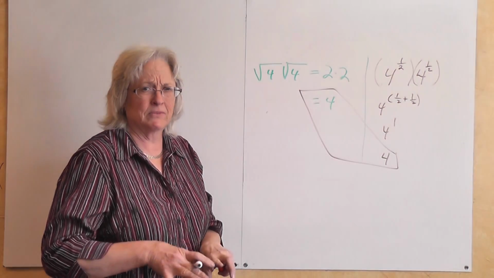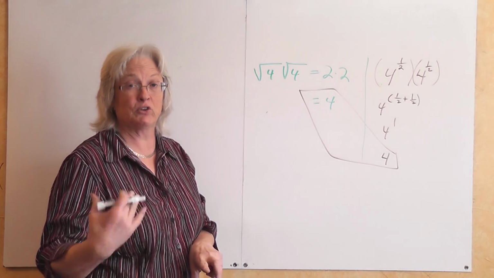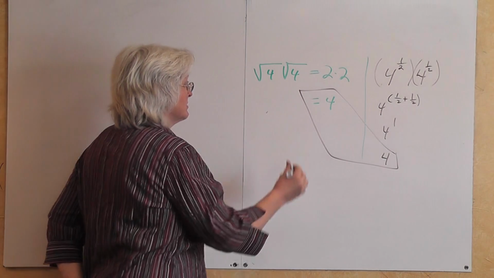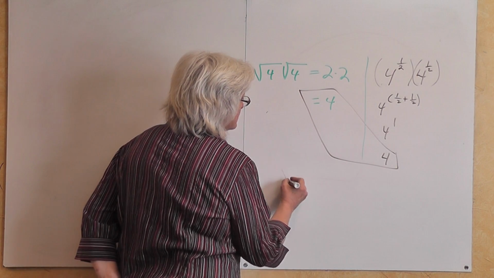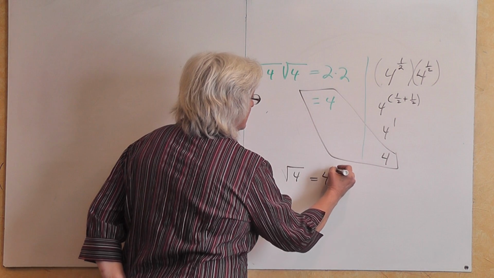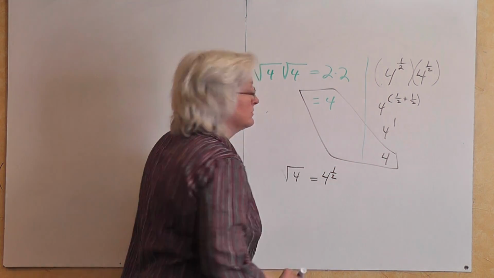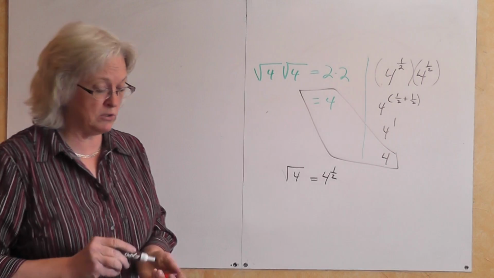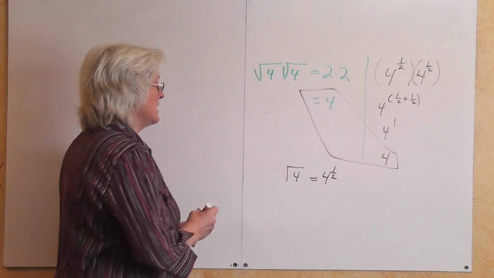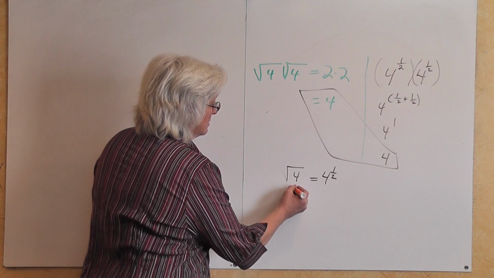There's a strange little proof in your text that I'm not going to take the time to show you, of the truth of this statement that the square root of 4 is equal to 4 to the 1/2. These are 2 different ways of representing the same value.